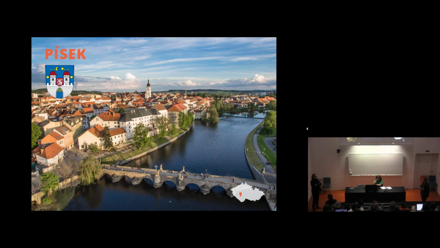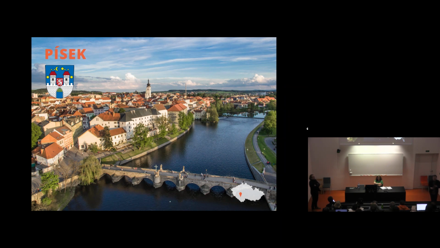And this semester we have chosen a town of 30,000 inhabitants south of Prague, which is called Písek, which means sand in Czech. And that's because gold-bearing sand was found in the river Otava.